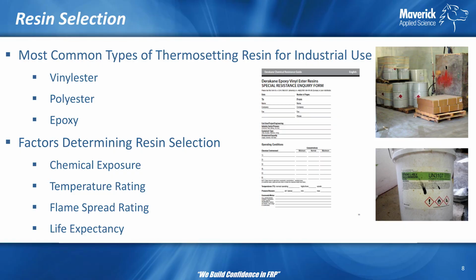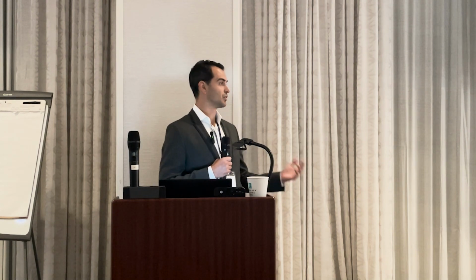Since the resin will be the corrosion resistant part of your laminate and the temperature resistant one, it's important to talk about the resin selection and why you need to select the proper resin for your system. So here I have a list of the most common types of thermosetting resins for industrial use. We can see we have vinyl ester, polyesters, and epoxies.